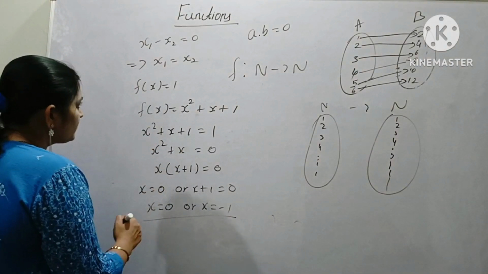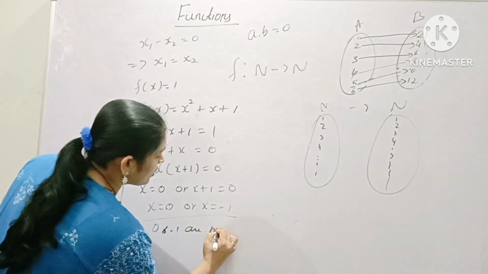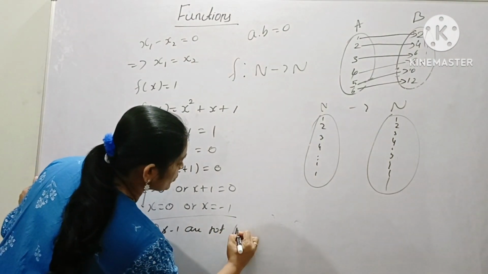Therefore, 0 and minus 1 are not natural numbers.